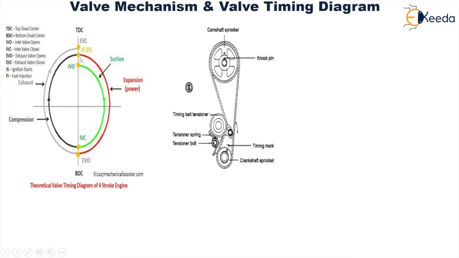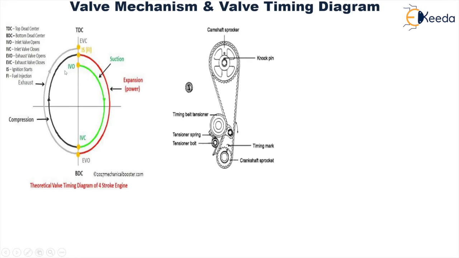If you want your inlet valve to be opened completely at this 0 degrees of crankshaft revolution, then you will have to start opening your inlet valve a little bit before the point when the piston reaches top dead center, so somewhere around here.